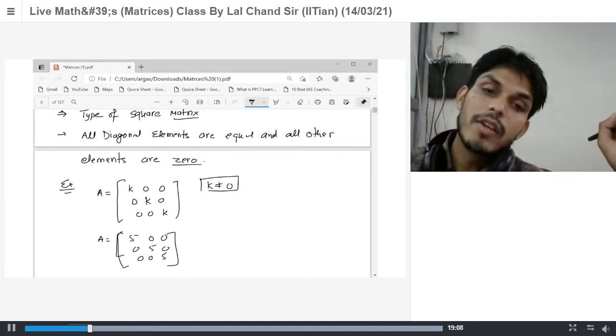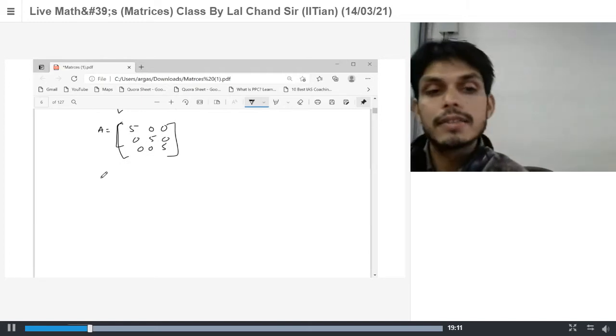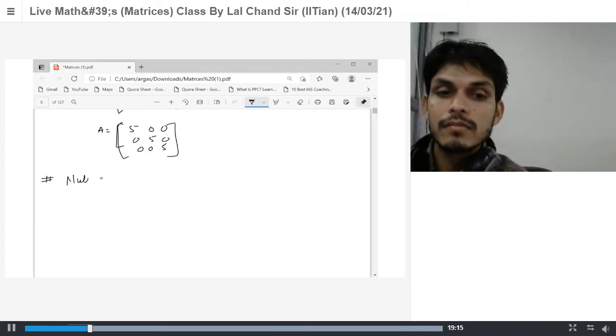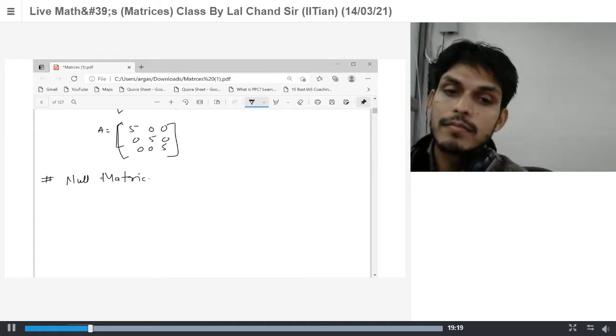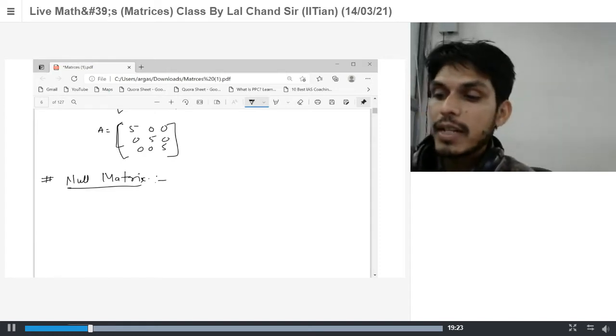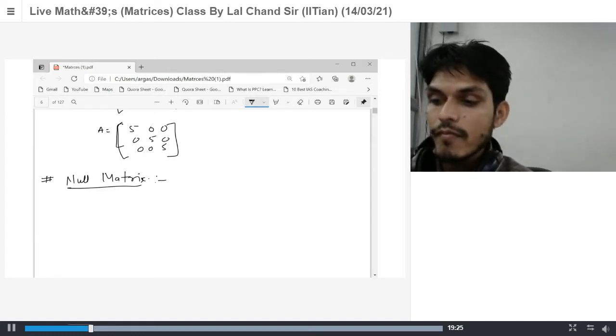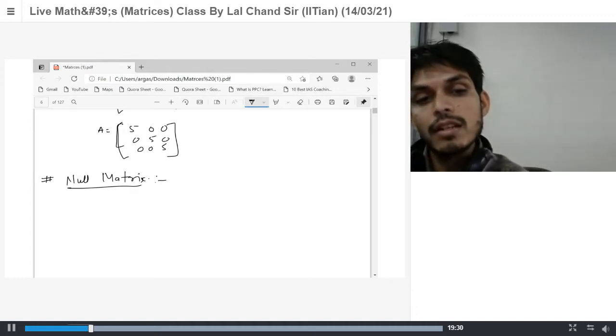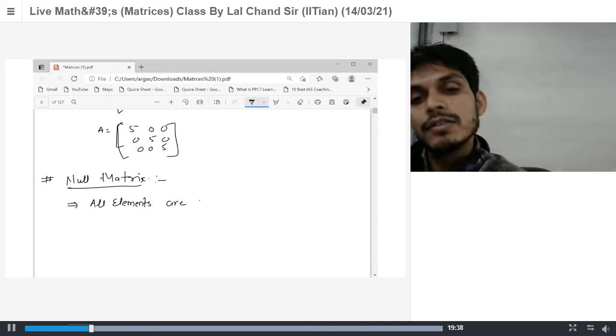Now we talk about the null matrix. What do you mean by null matrix? Basically all elements are 0.